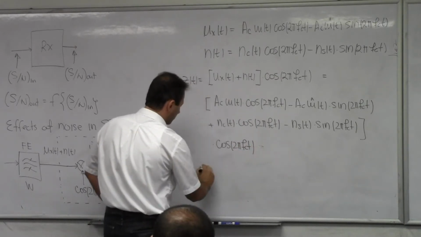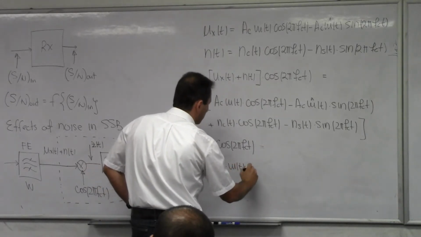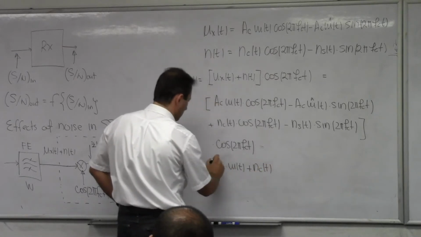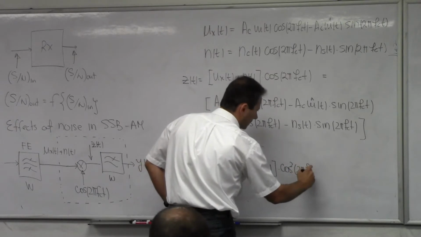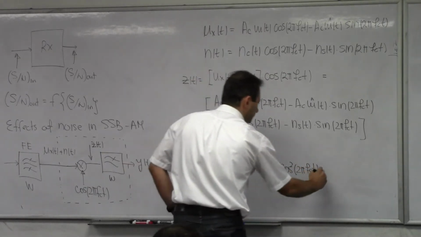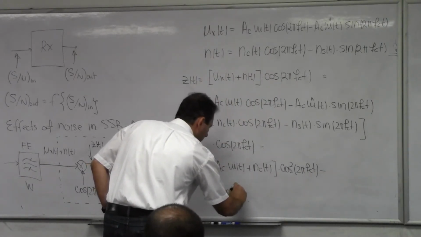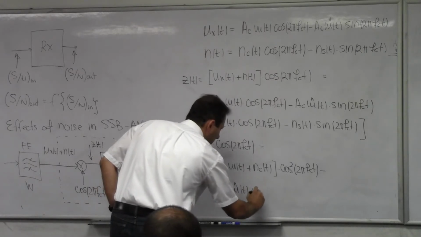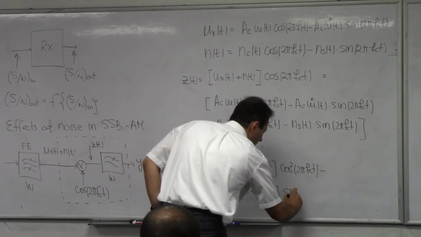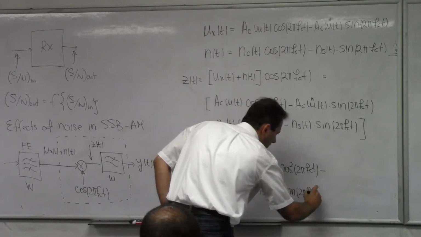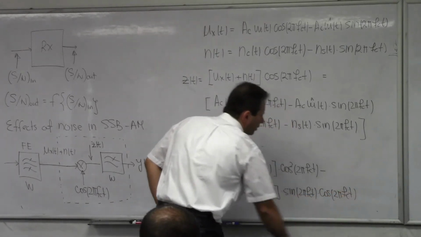So that I can rewrite as Ac times m of t plus nc of t times cosine squared 2 pi fct, and then minus Ac m hat of t plus ns of t times sine 2 pi fct times cosine of 2 pi fct.